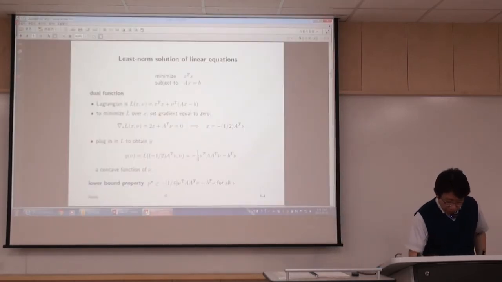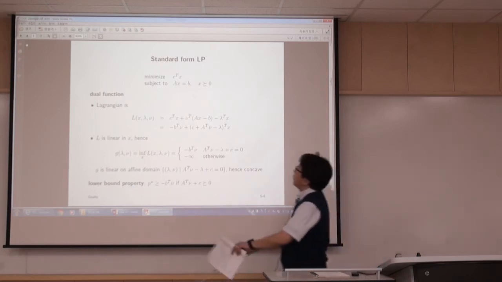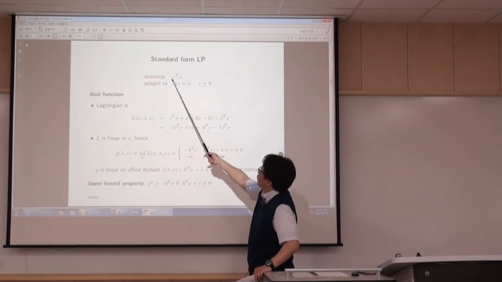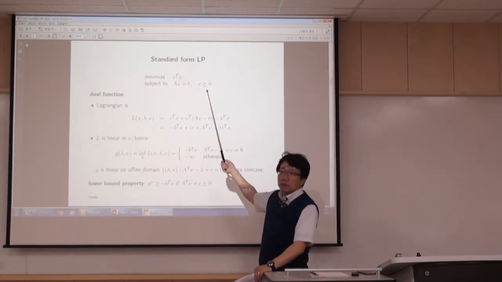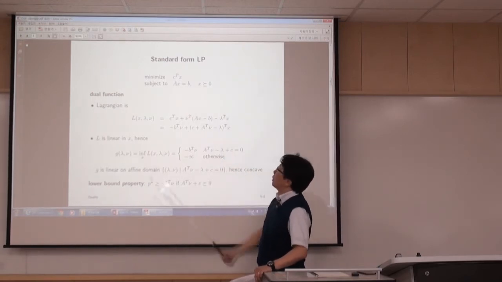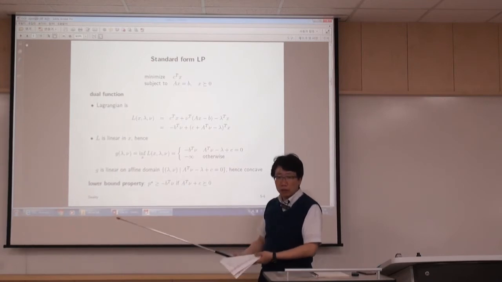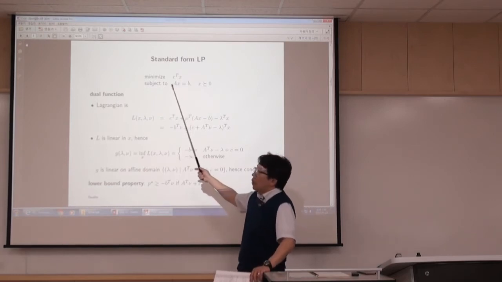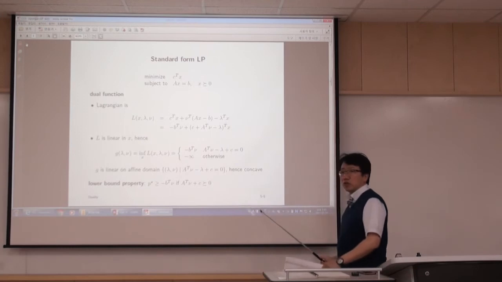Now, let's see the next one. Now we have an LP problem, and we have a minimization of c transpose x, and x is in the first orthant, and we have the equality constraint Ax equals b. So we call it a standard form LP problem, right? Now, the reason why I did not delete this one is this.